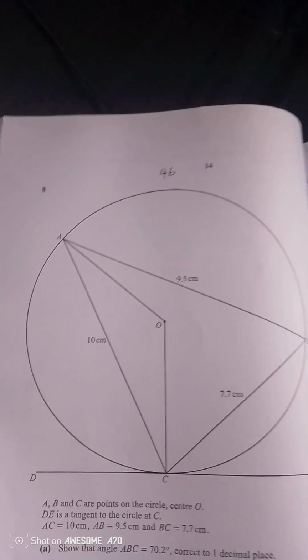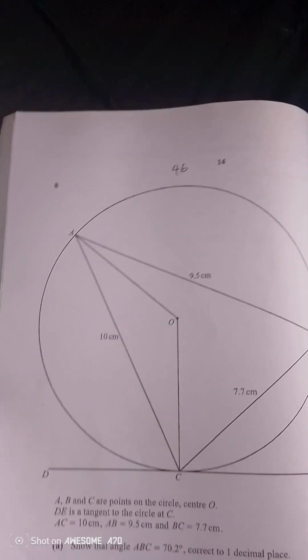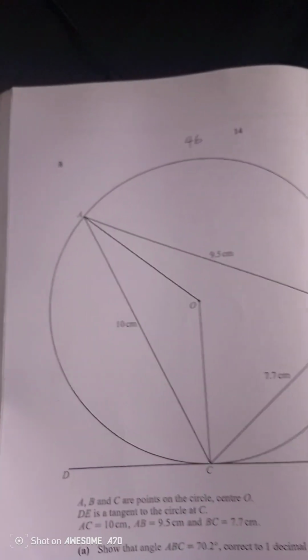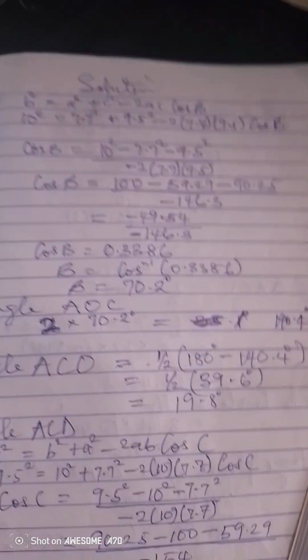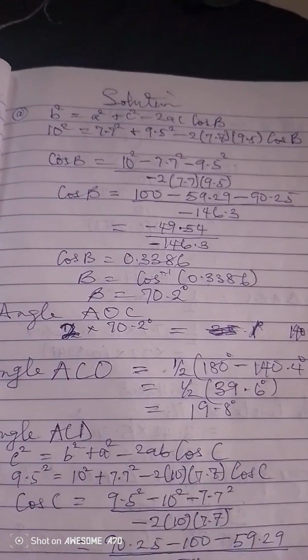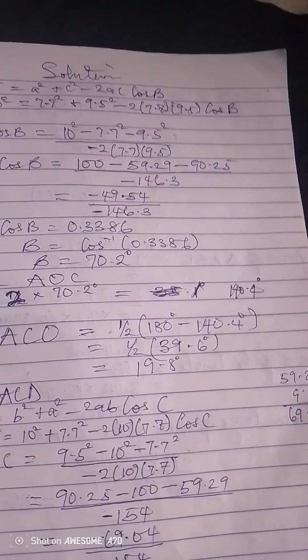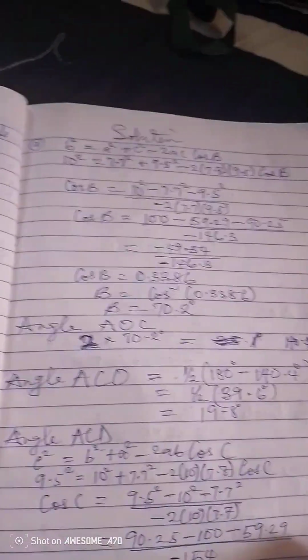That means 2 times angle B equals the angle at O. So the angle AOC equals 2 times 70.2 degrees, which is 140.4 degrees. That is the angle AOC.